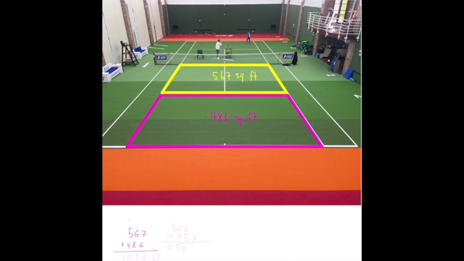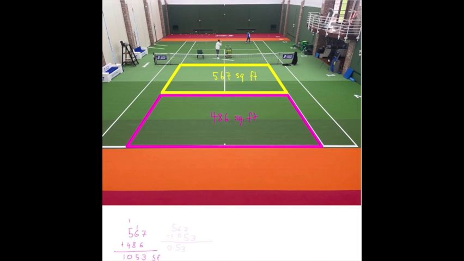Now we're going to figure out how big the area of the singles court on one side is. Wow, I never knew that. So every time I step onto a tennis court, that's how many feet I have of space to put the ball in. You have 1,053 square feet.